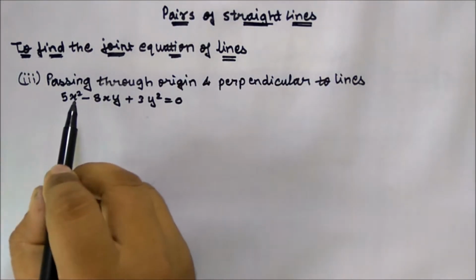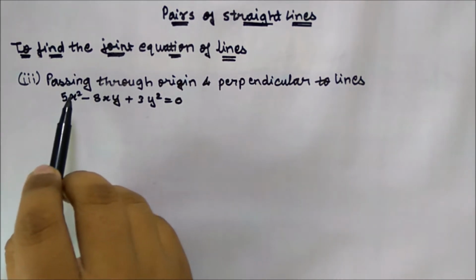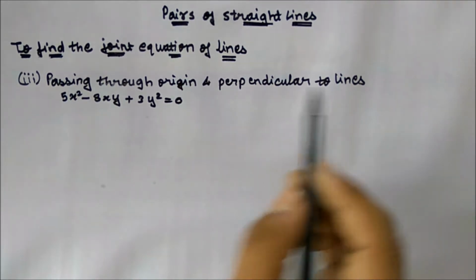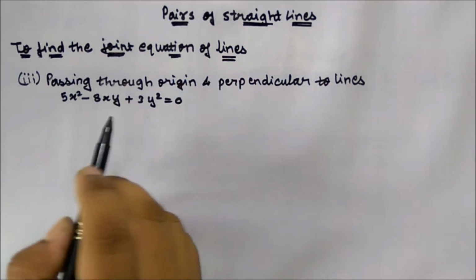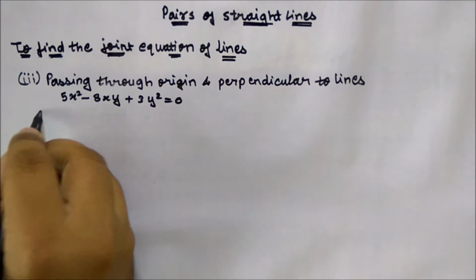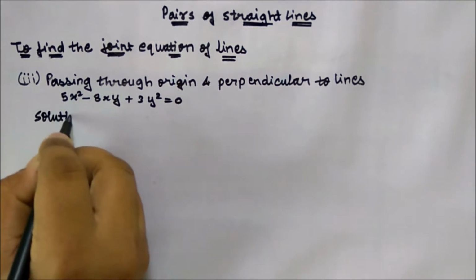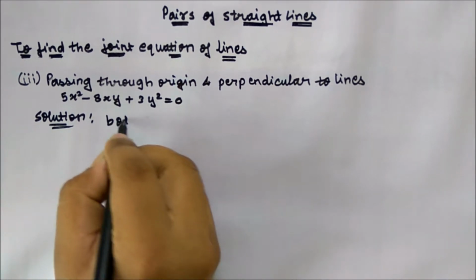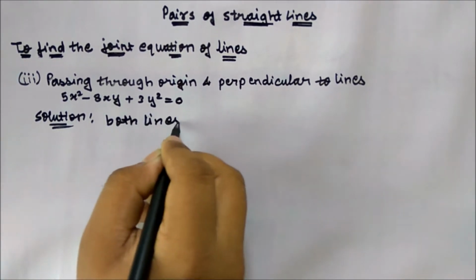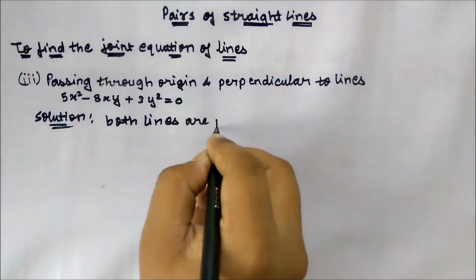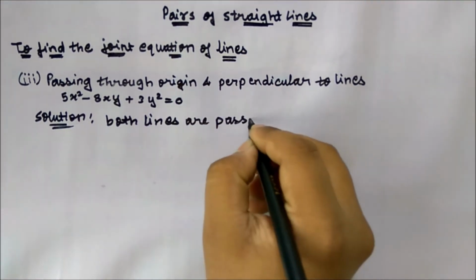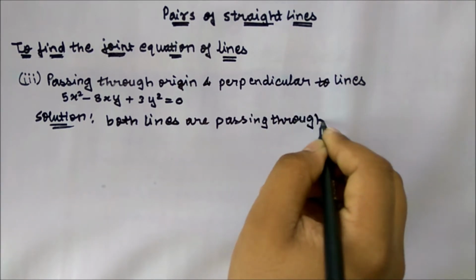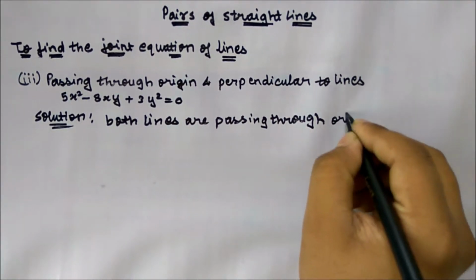Now let's have a look at another example. Here it is given that the lines are passing through origin and perpendicular to the lines given by this equation. So let's try to solve this question. Here we have been given that both the lines are passing through origin.